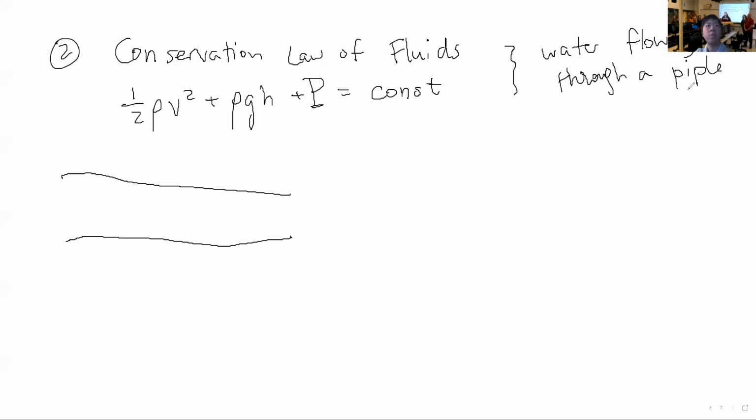This isn't the momentum. This is half rho v squared. That's not momentum. But rho gh is like the pressure, and P is the other pressure.